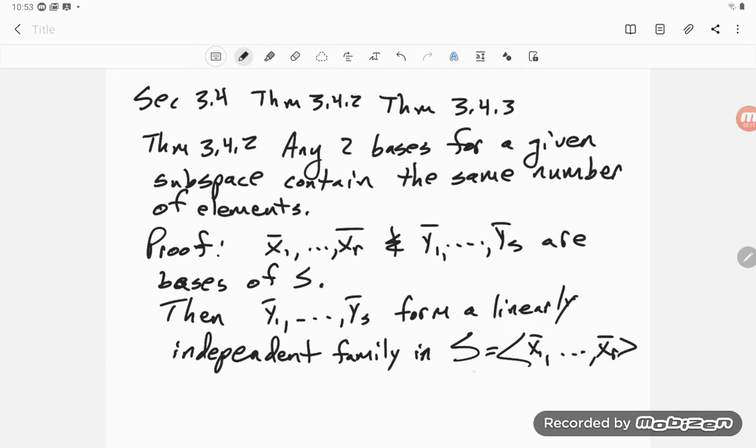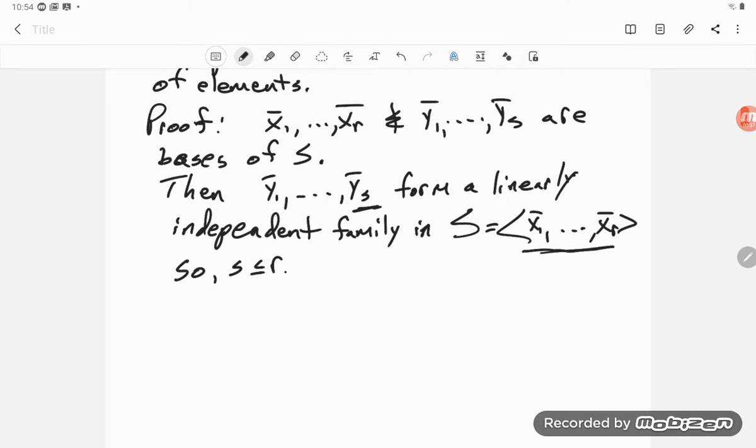And so from our work in 3.4.1, we know that we can make a basis out of this by doing the left-right thing. And so S has to be less than or equal to R by our left-right basis formation. But then, similarly, oh, I see they have a typo.